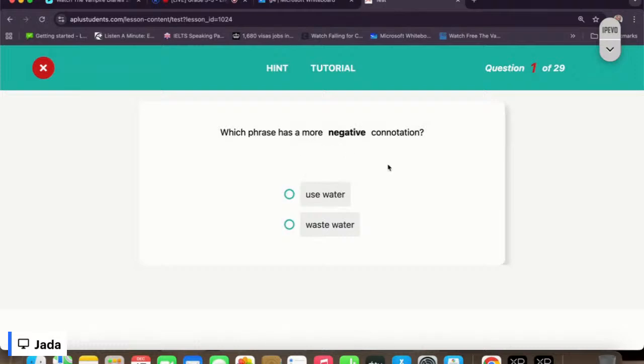So which phrase has a more negative connotation, rather? Is it use water or waste water?